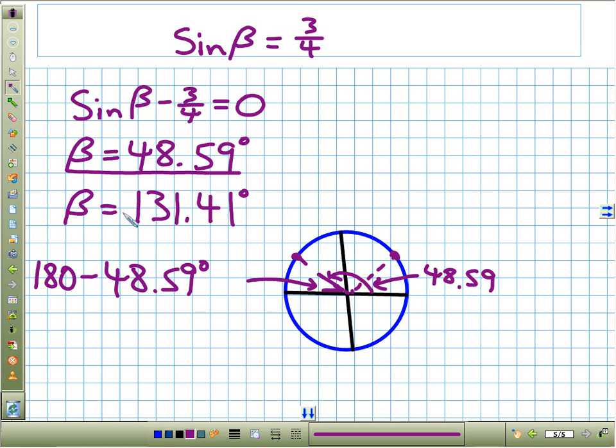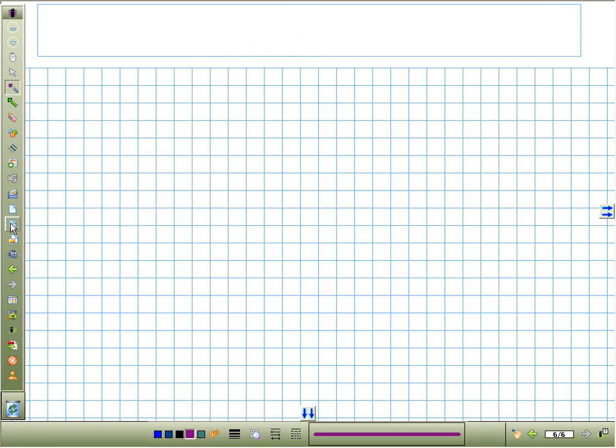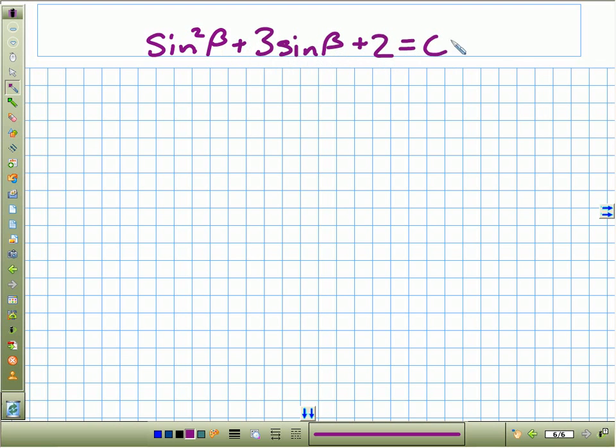Now let's look at another example of one that's just a little bit different than what we've looked at so far. Let's suppose that we have sine squared beta plus 3 sine beta plus 2 equals 0.